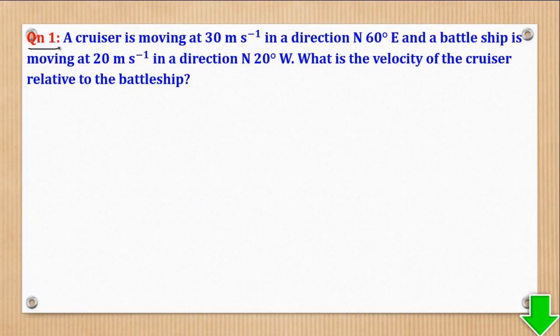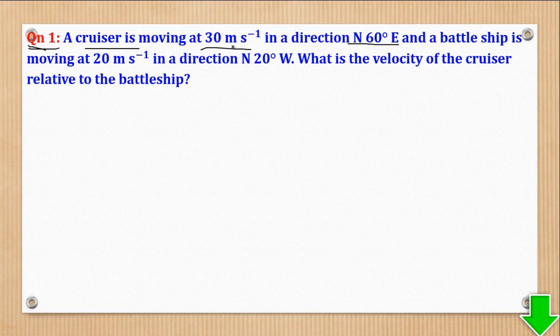So now we know how to convert magnitude and direction into vector. Two, we know how to get magnitude and direction of a vector. And three, we know how to resolve. So all those will be combined to be able to come up with the solution to such questions. So question 1 says a cruiser is moving at 30 meters per second in the direction this.